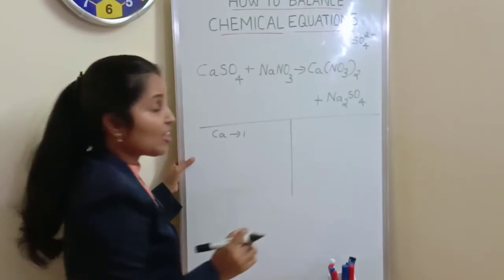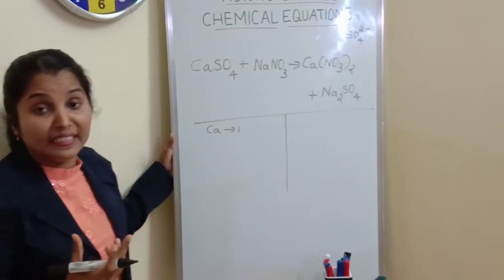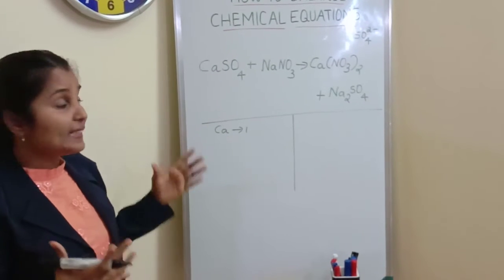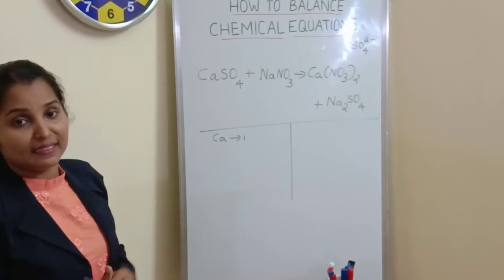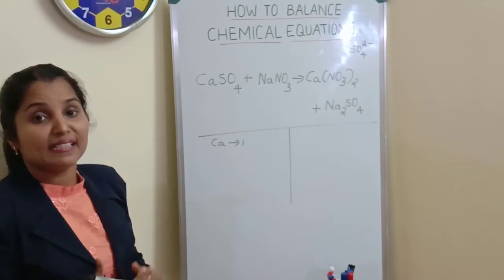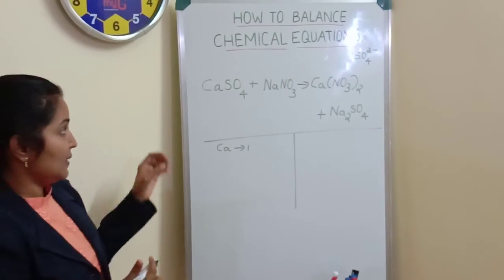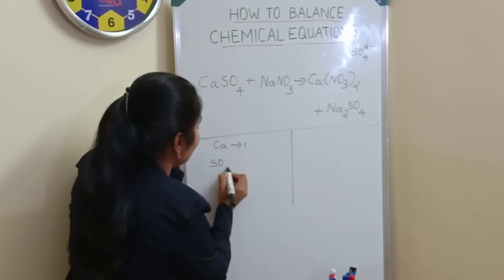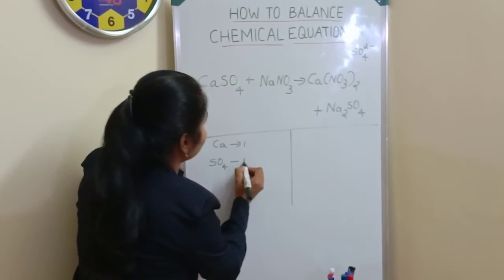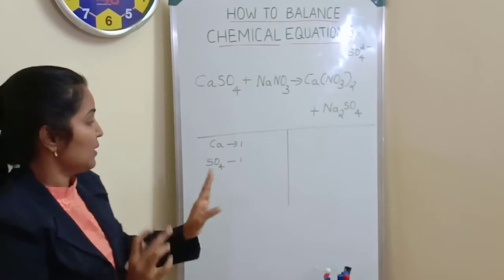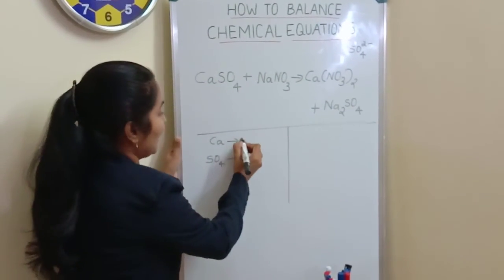So they are charged chemical species containing 2 or more atoms which are covalently bonded, and that can be considered as a single entity. So these polyatomic ions should be considered as a single entity. So here SO4 as a whole we will consider as 1. SO4 as a single entity, that is only 1.